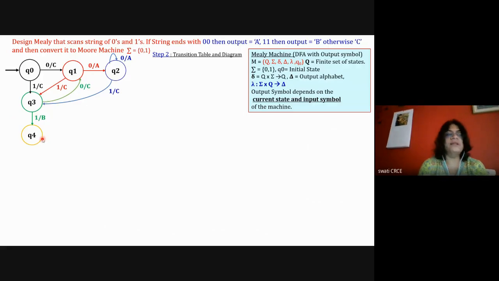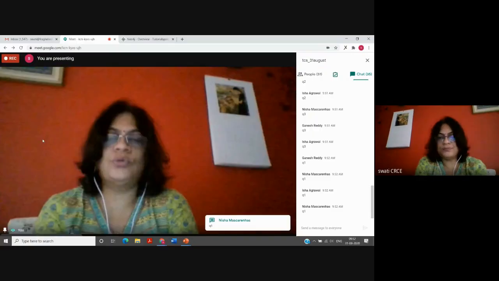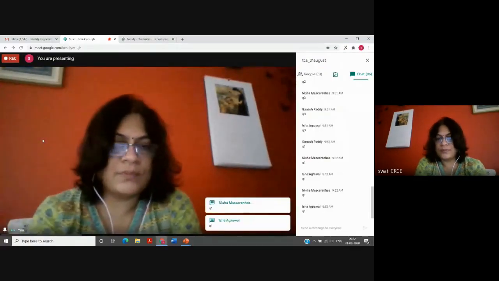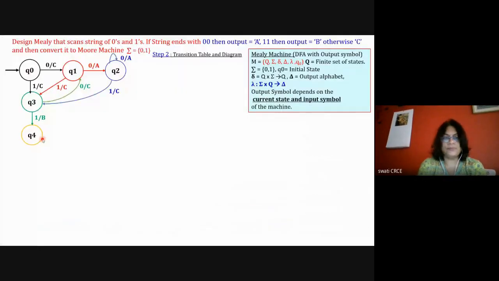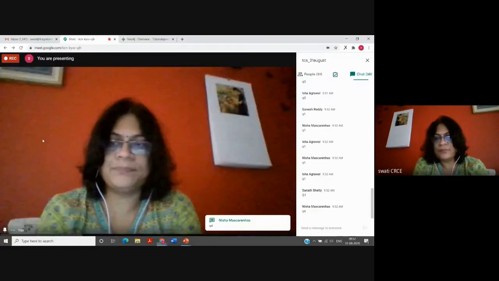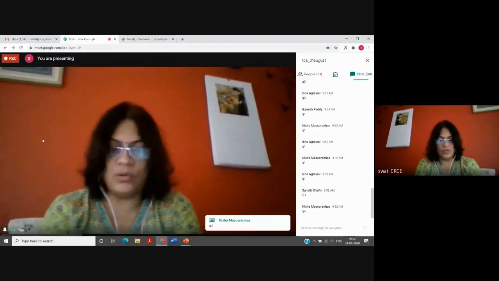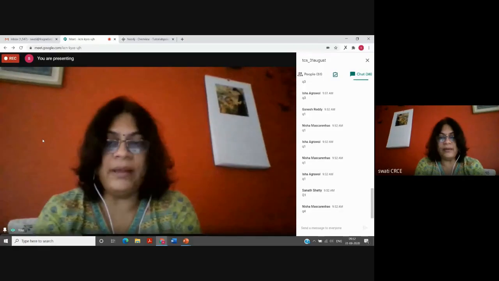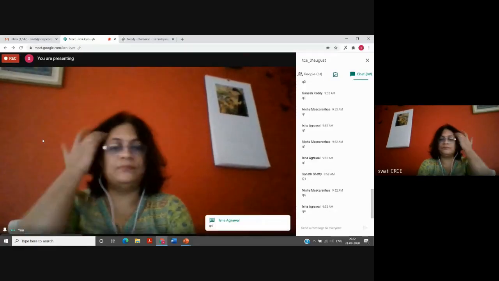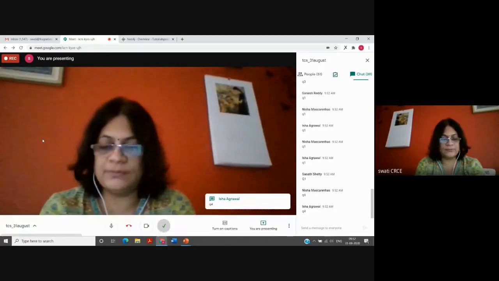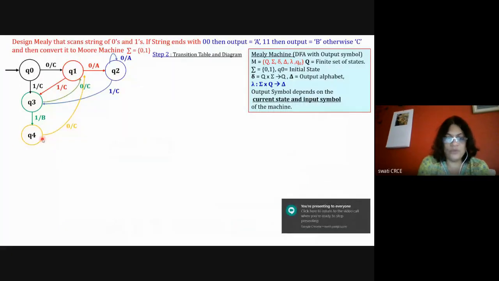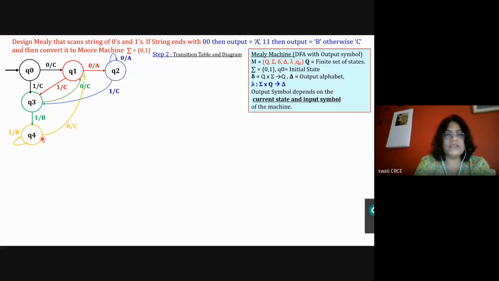Now in Q4, if there is any 0, it is Q1. In Q4, if there is any 1, it's Q4, correct. So in Q4, if there is any 1, it will stay in Q4. So the diagram for the Mealy machine is done.